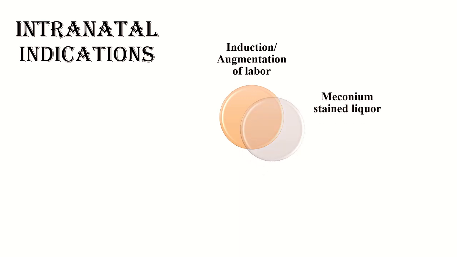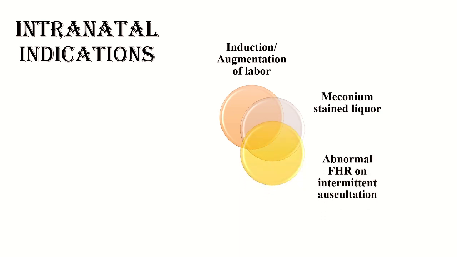Then in case of meconium stained liquor, the presence of thick stained meconium in the amniotic fluid can indicate fetal distress. Next, in case of abnormal fetal heart rate on intermittent auscultation. So by auscultating, if we are getting abnormal FHR or decreased FHR, then for reconfirmation we can do a CTG.